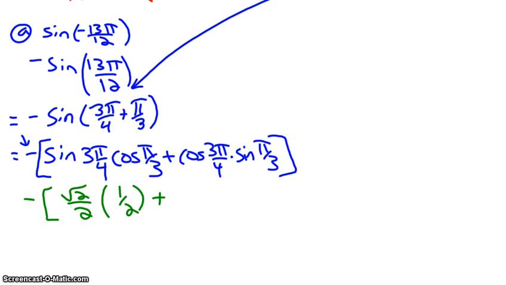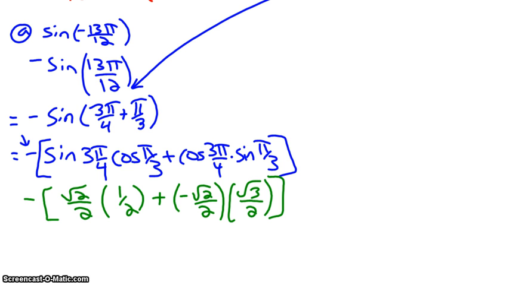Then continuing on with our substitution, we will have for our cosine 3 pi over 4 a value of negative radical 2 over 2, which shouldn't surprise us because that is a 45 degree angle, and we have the radical 2 over 2 associated with those. The sine pi over 3 will then come out as a value of radical 3 over 2.